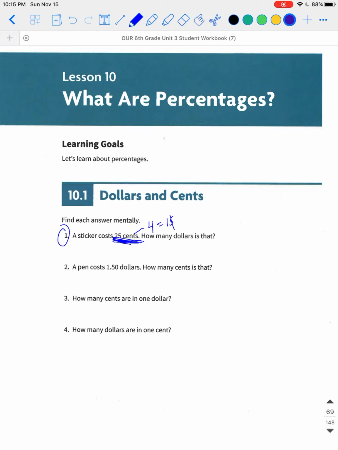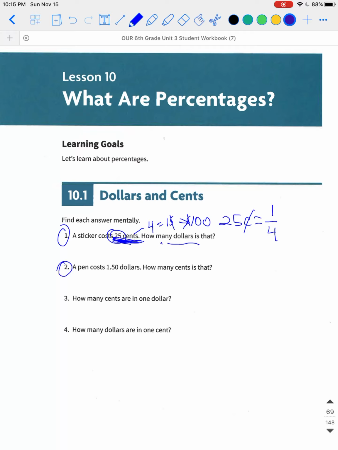So to get to 1 full dollar, I would need 4 quarters. So 25 cents is equal to 1 quarter or 1/4.